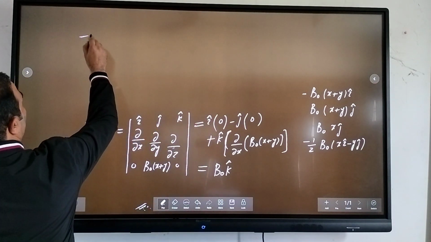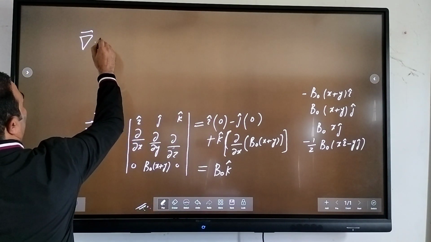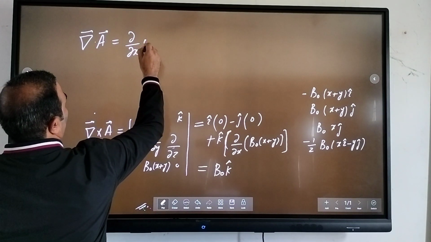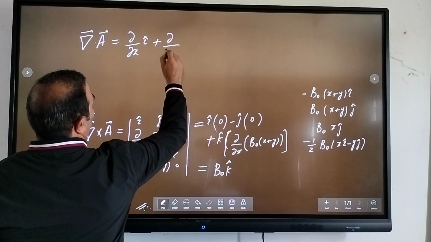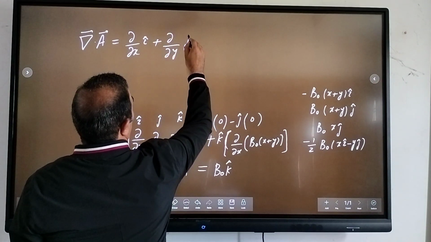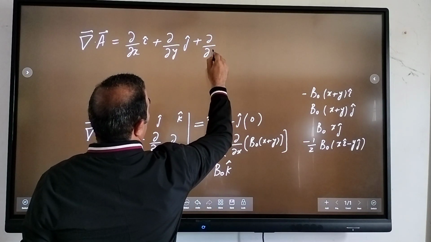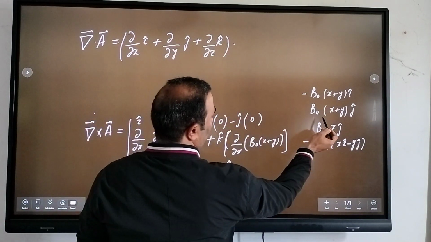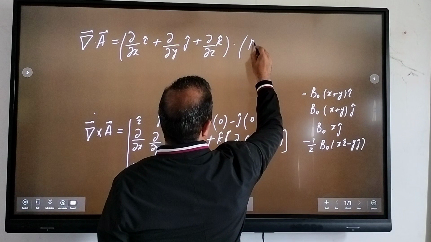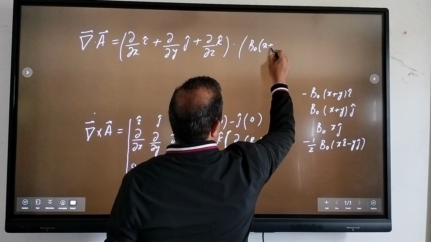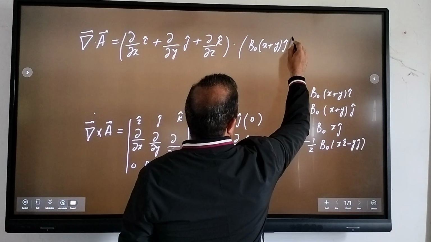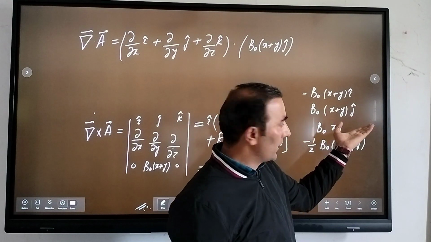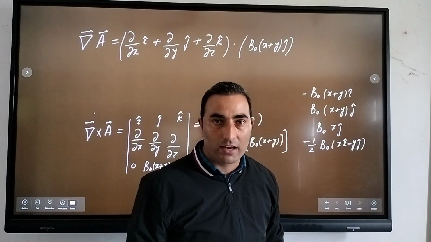Now let us calculate what will be our ∇·A. So take the dot product, because our potential is now, when we choose our next choice, A equal to B₀(x + y) ĵ, right?